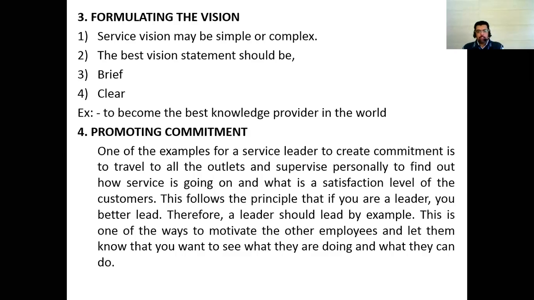This follows the principle that if you are a leader, you should lead, especially if you know of any problems of the customers. Therefore, a leader should lead by example. This is one of the ways to motivate the other employees and let them know that you want to see what they are doing and what they can do.